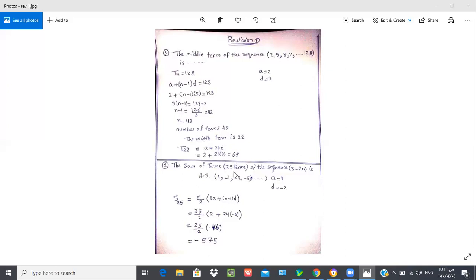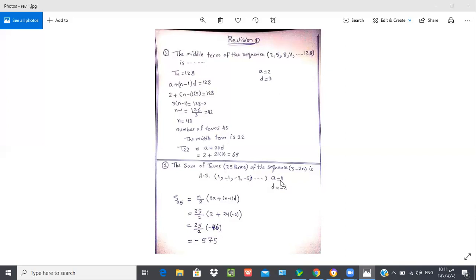The sum of 25 terms of this sequence: I said this is the general term. He gives you the general term. You remember the general term Tn? If you want to find the sequence, instead of n, put 1, put 2, put 3, put 4 to find T1, T2, T3, T4, and so on.